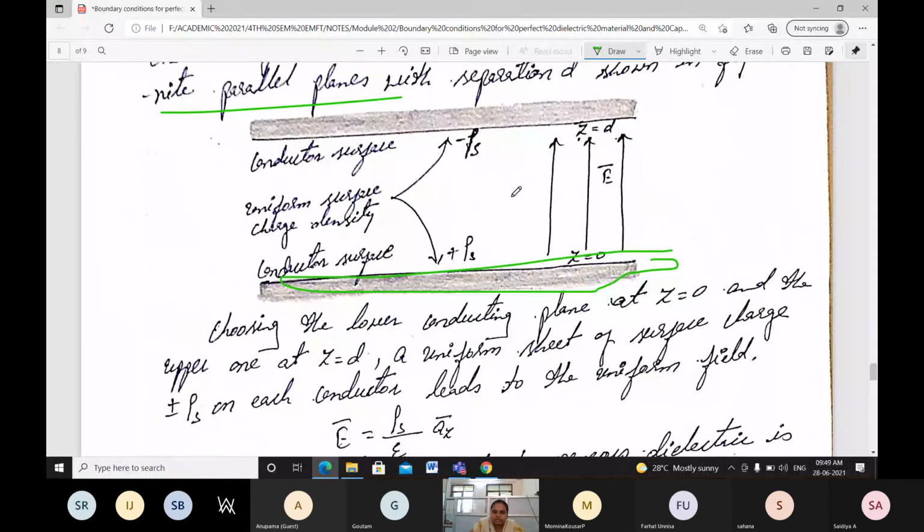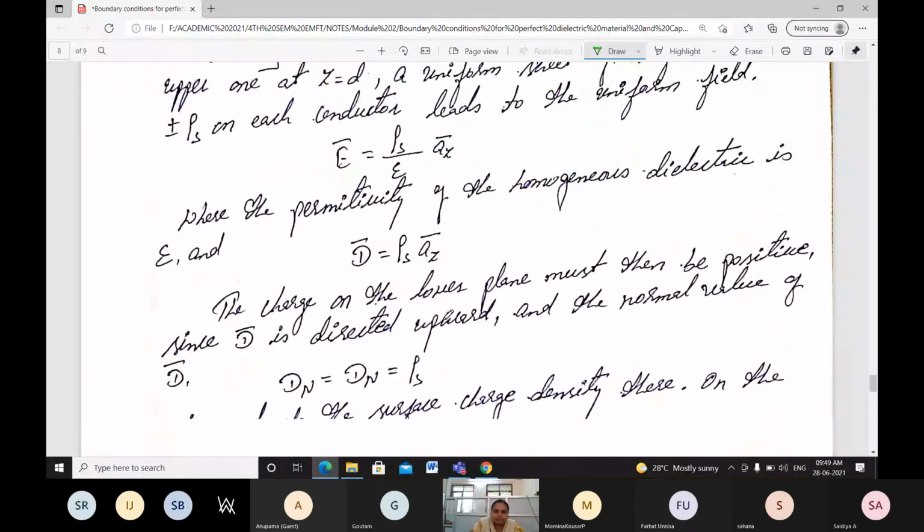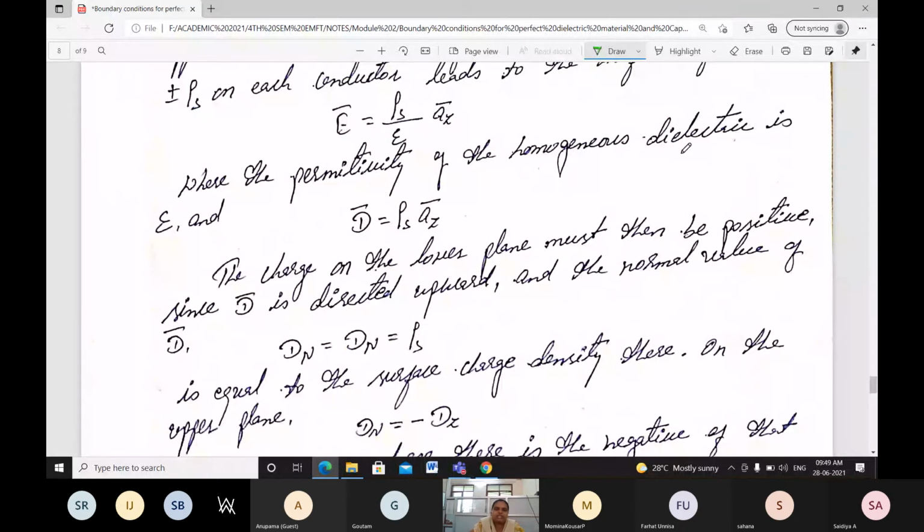Then E equals rho s divided by epsilon, in the az direction, where the permittivity of the homogeneous dielectric is epsilon. Then I can write D equals rho s az, since epsilon times E is nothing but the flux density. That is the equation here.